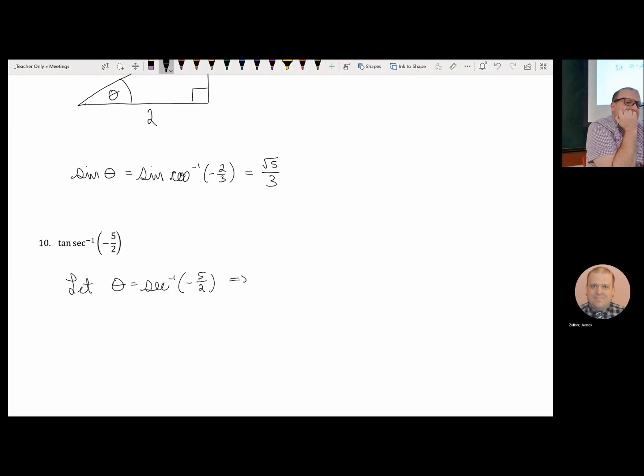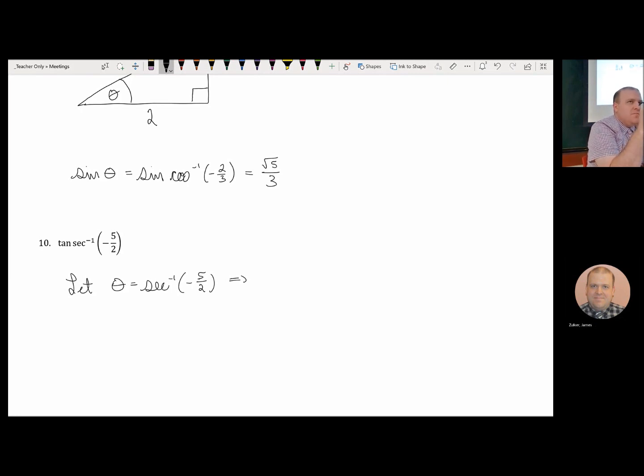Zero and pi, except for pi/2. It's too broad. You can restrict that. If you look at the range, 0 to pi/2 union pi/2 to pi, what quadrants are we dealing with? Second. And we take out the y-axis.